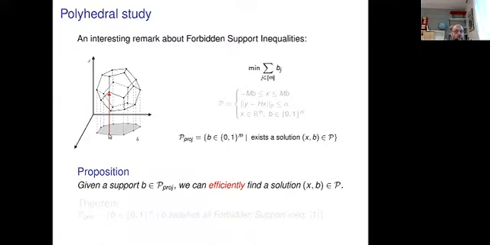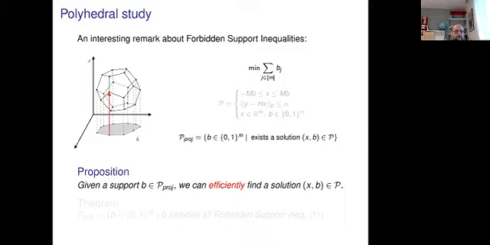Then at the end, when we find the minimum support, we just need to lift that solution b to obtain a proper solution x, and that is our solution for the problem. This is quite nice, but of course we don't have a proper characterization of this, because the only characterization we have until now is that these are all the feasible supports, and that is not nice.